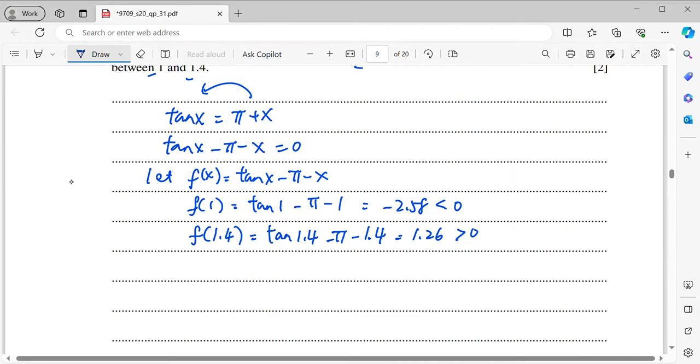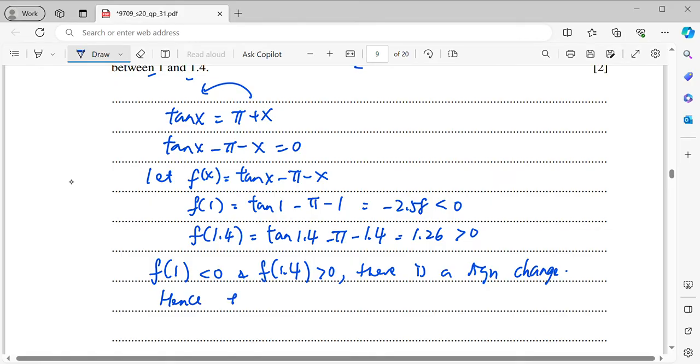And now you just write, since f(1) less than 0 and f(1.4) greater than 0, there is a sign change. Hence, the root lies between 1 and 1.4.